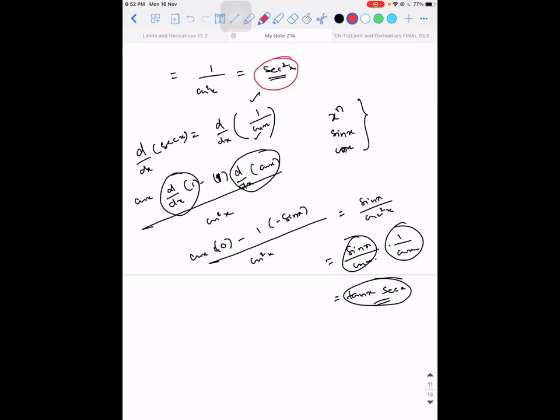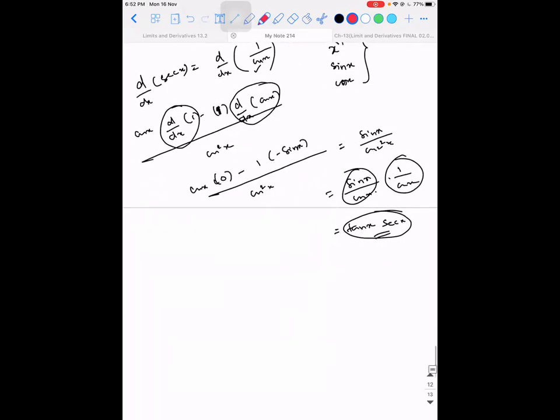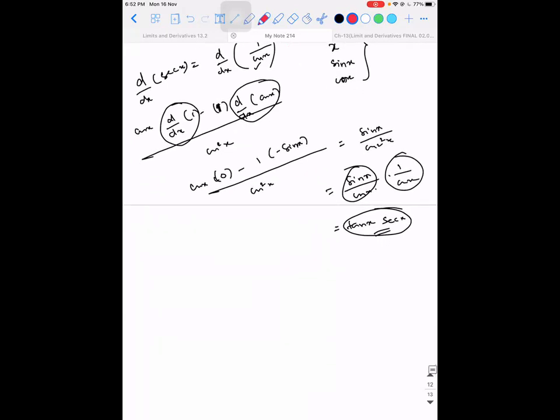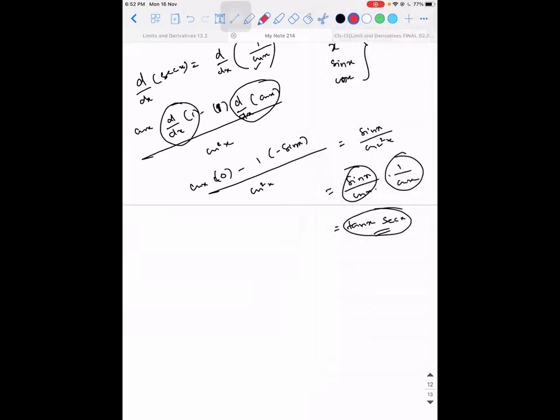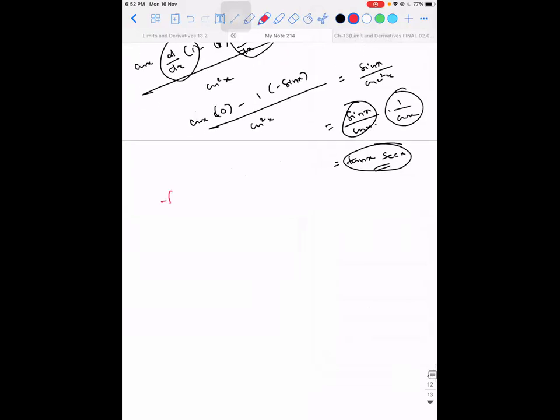Okay? So with the help of this knowledge, we will actually frame a table. I'll give you a table, you can make a note of it. Function, derivative. x power n, n x power n minus 1.